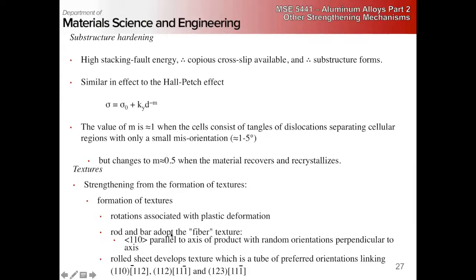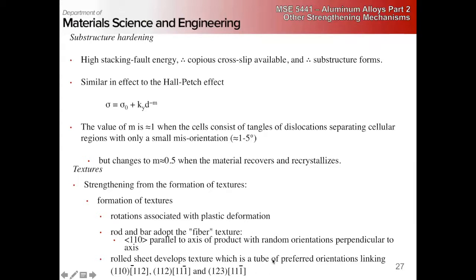So rod and bar aluminum stock tends to have a fiber texture, which we have the 100 direction parallel to the axis of the product, right? But random orientations perpendicular to the long axis of the product. And then rolled sheet has a very common, what we call FCC rolling texture, right?